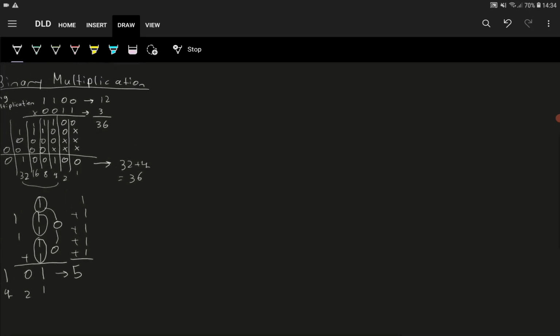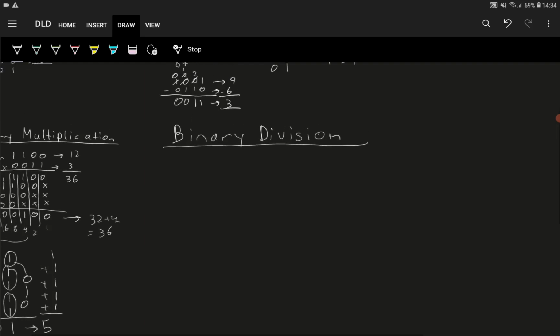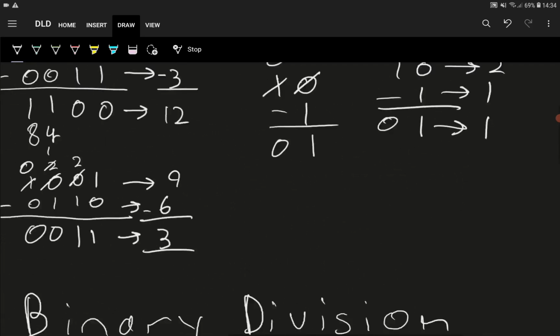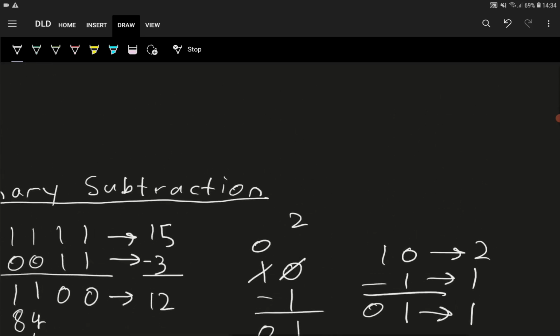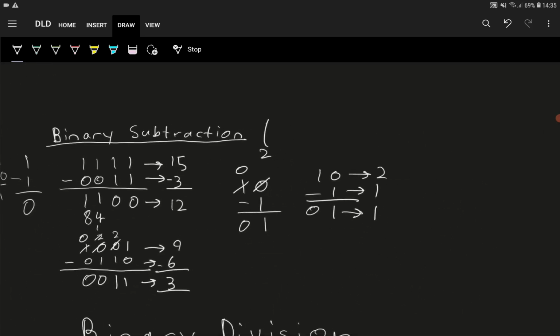Let's move on now to binary division. And division, we all know, is repeated subtraction. Also, since I'm talking about division, I might as well add this about subtraction: this method is only going to be used when we have a larger number minus a smaller number.